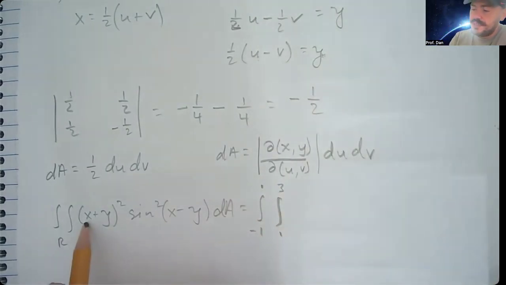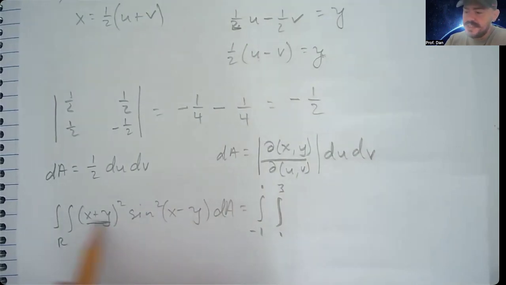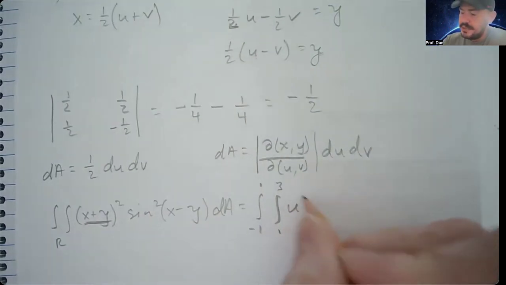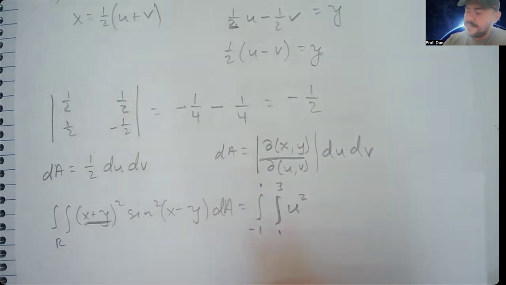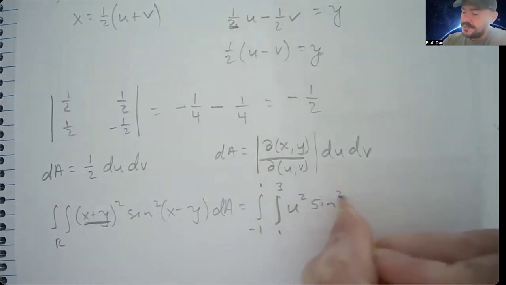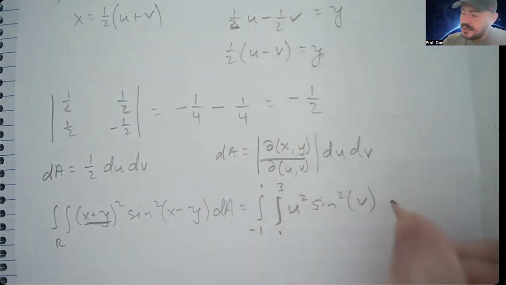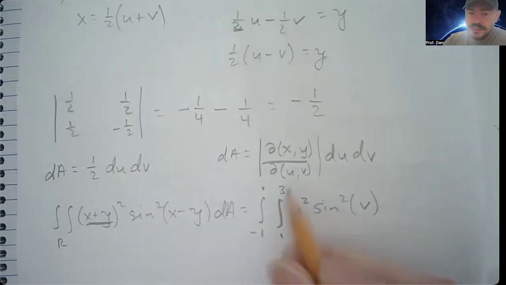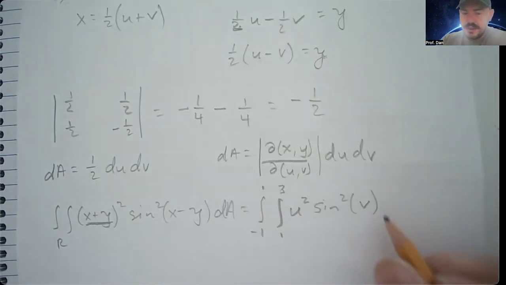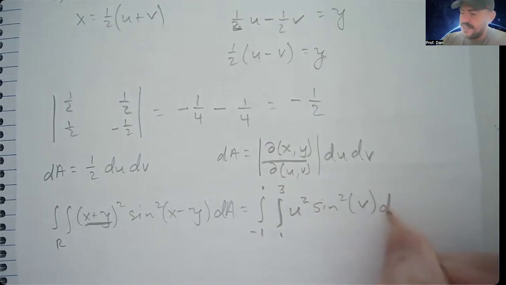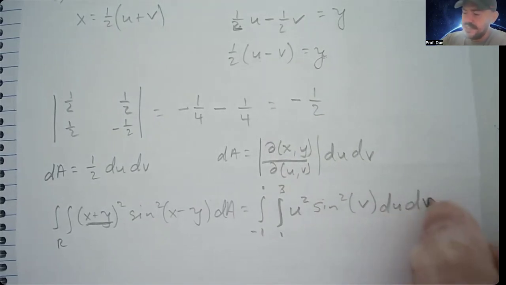Now we're going to rewrite this in terms of u and v. Anywhere I see x plus y, I can replace with u. Anywhere I see x minus y, I can replace with v. Since these bounds on the inner integral are u values, du has to be the first differential, then dv.